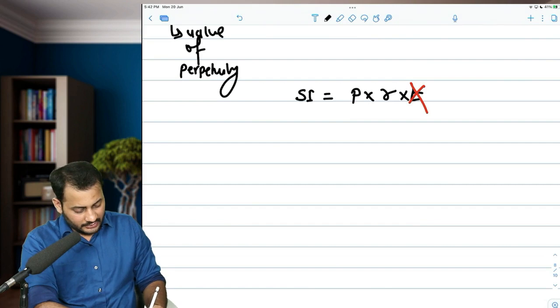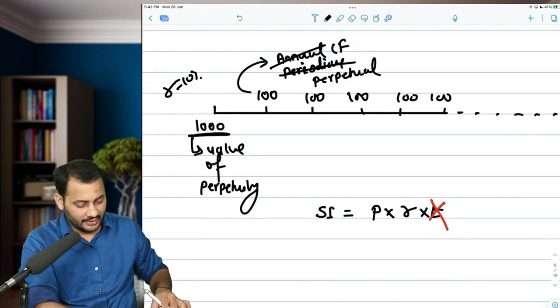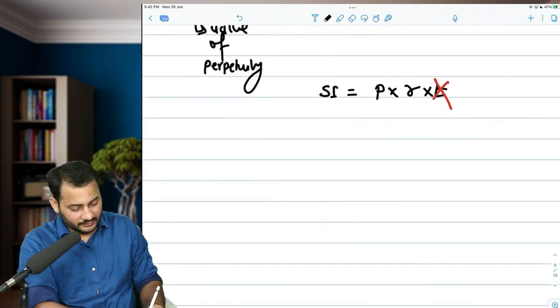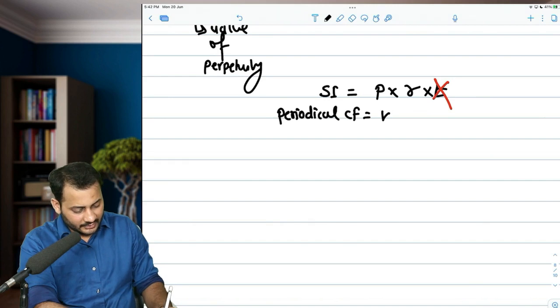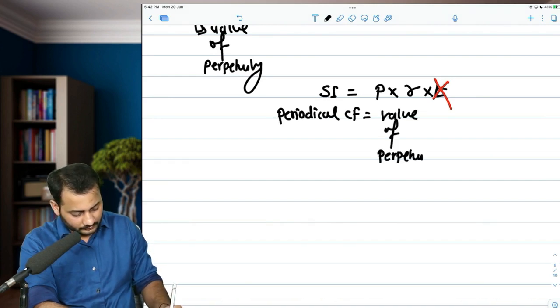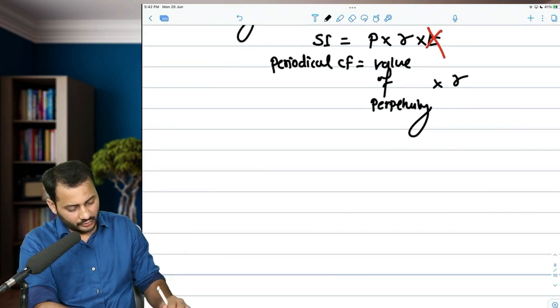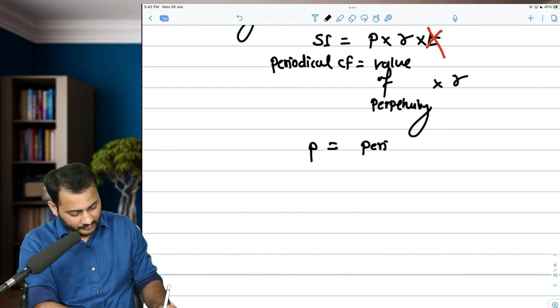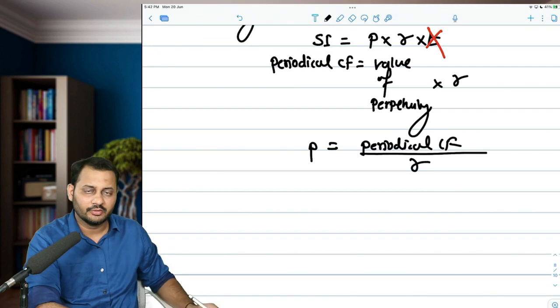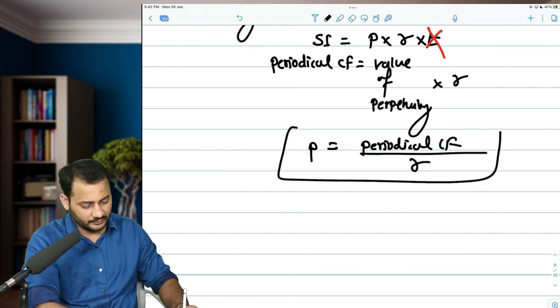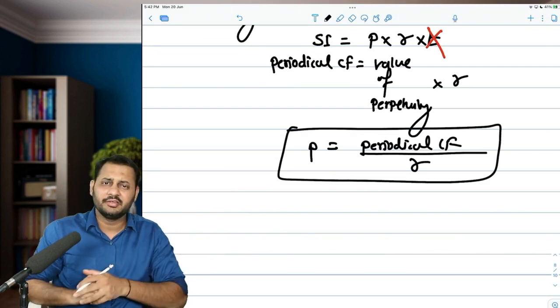Simple interest means the annual interest that you will be receiving. We call it perpetual cash flow, or periodical cash flows. And P is nothing but the value of perpetuity. So the value of perpetuity P is nothing but periodical cash flows divided by rate of interest. R will go to the other side, into the denominator, and this is your formula. That's it, very simple.